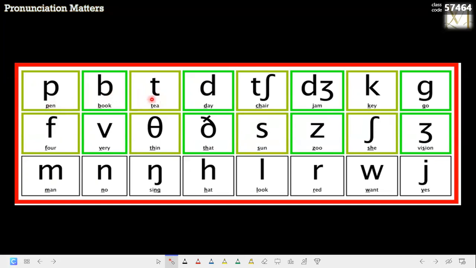The /t/ and /d/. Okay, the /t/ is voiceless, just like /p/ is voiceless, and the green one, /b/ and /d/, they are voiced consonants.